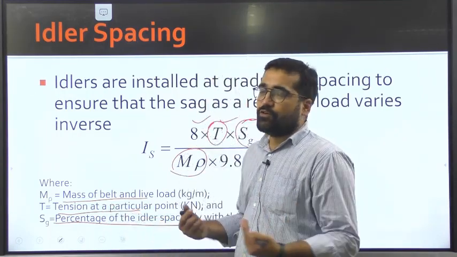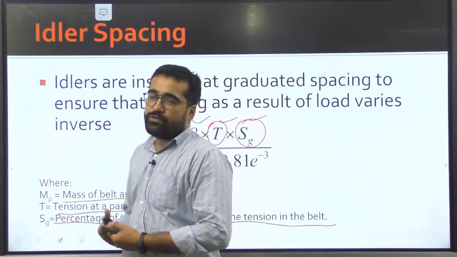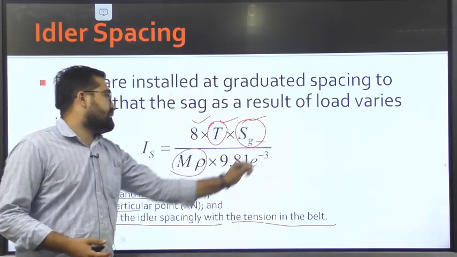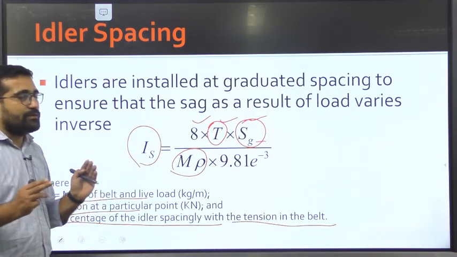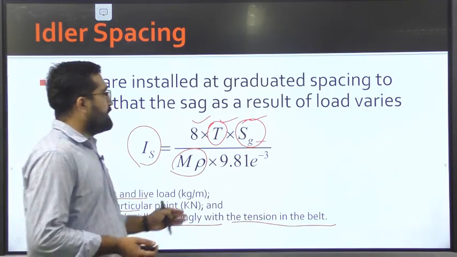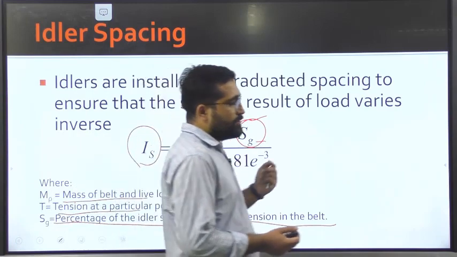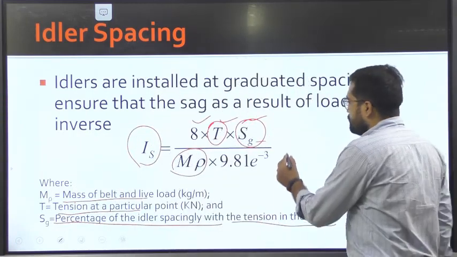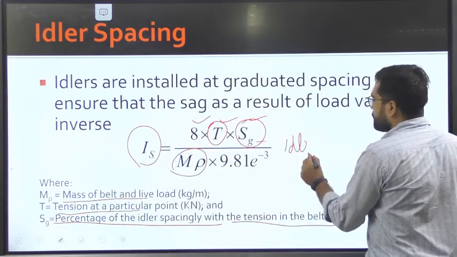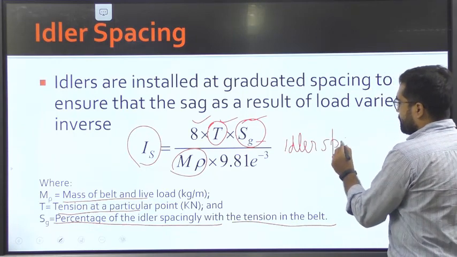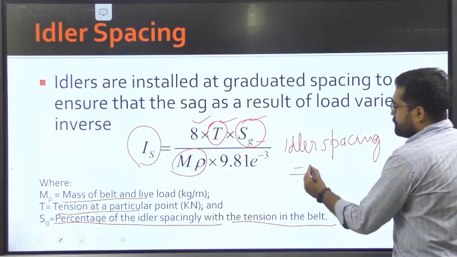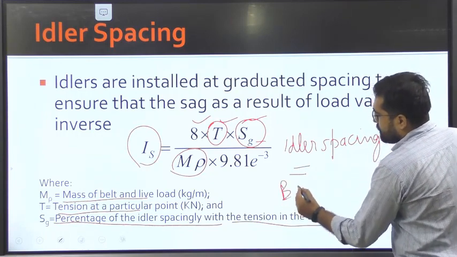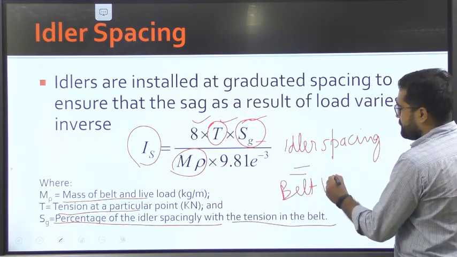What is the constant factor for spacing, that we will find with Sg. This will give the spacing, the space between two idlers in a belt. Or the general formula: idler spacing equals belt width.